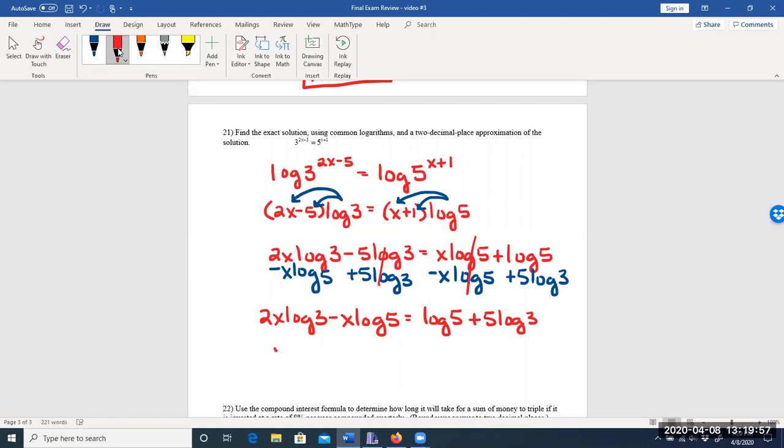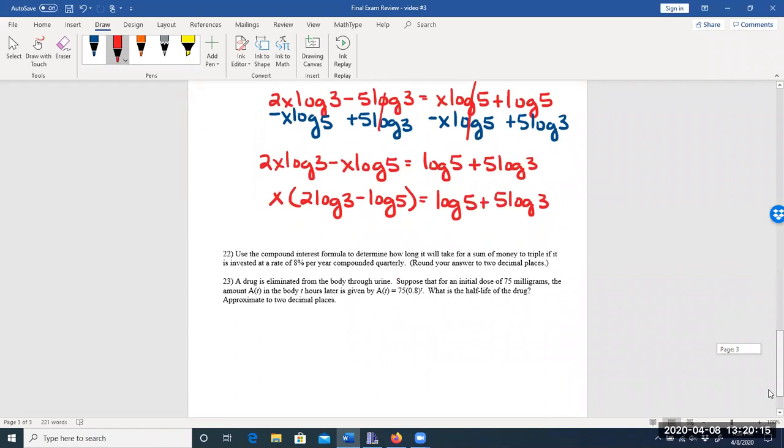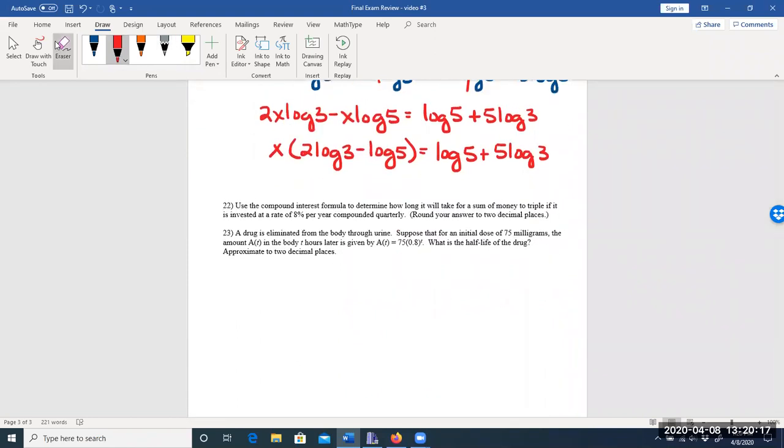Now I'm going to factor out my x. And last step is to divide. So I'm going to divide both sides by what I have in parentheses there on the left-hand side.